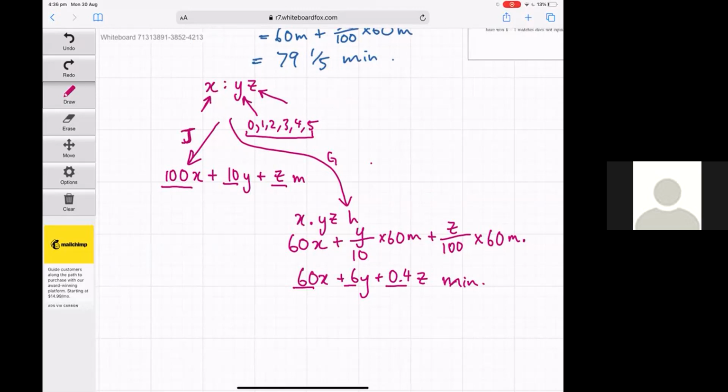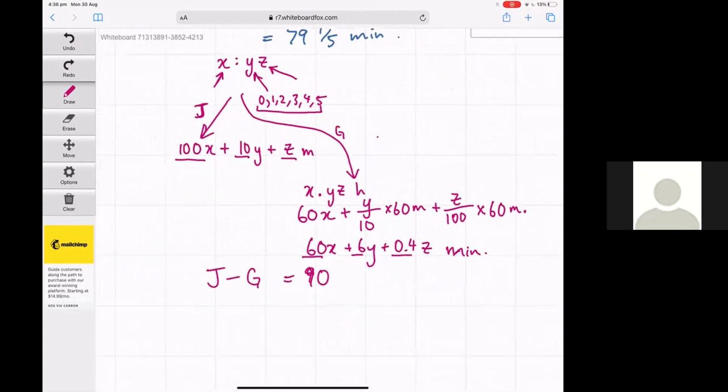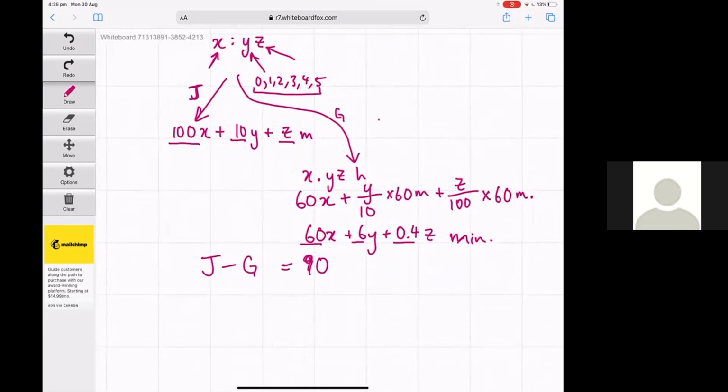So what we have to solve is J minus G equal to 90. It's convenient that I put everything in minutes, so I can just put 90 here. If I subtract, I get 100X minus 60X, which is 40X, 10Y minus 6Y, which is 4Y, and Z minus 0.6Z, which is 0.4Z, equal to 90.